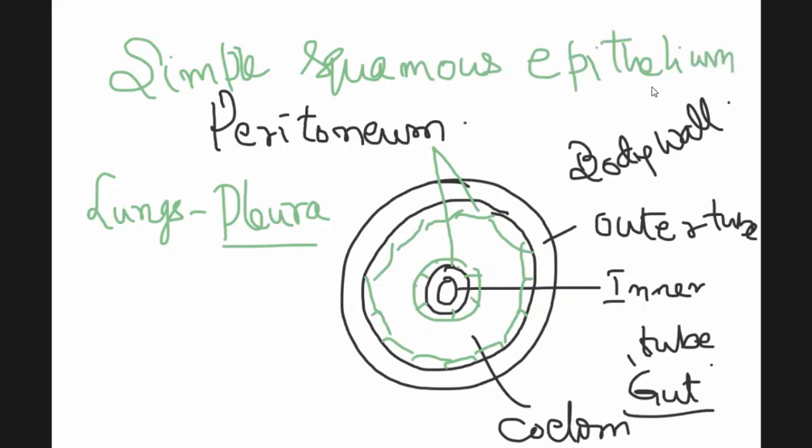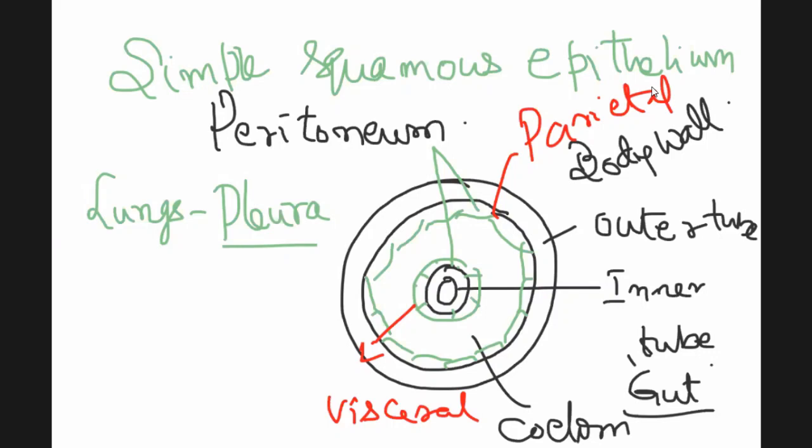Parietal layer, visceral layer. The outer layer is the parietal layer, and the layer covering the gut or intestine is the visceral layer. Then, if it surrounds the heart, pericardium. Peri means surrounding, cardia meaning heart.